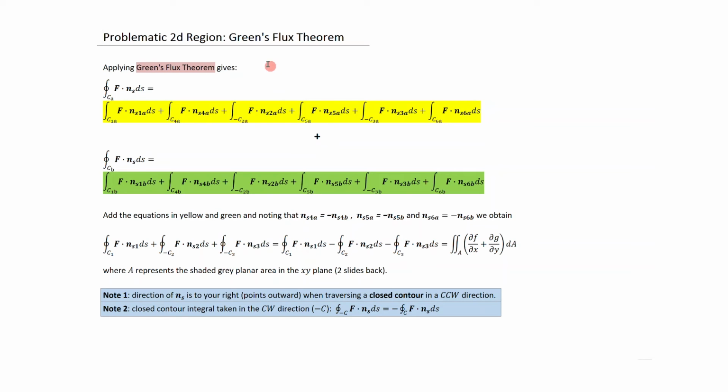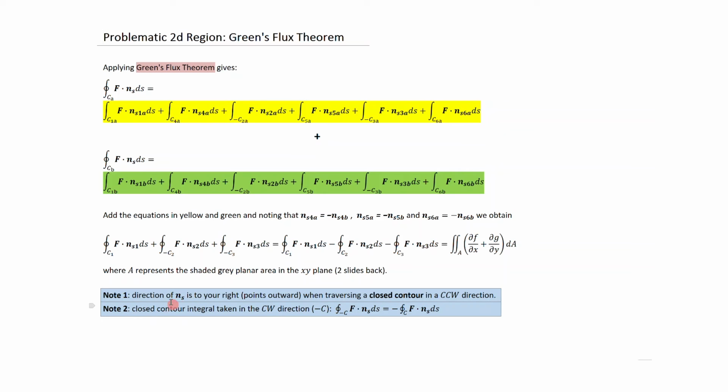Now the right-hand side of Green's flux theorem basically involves the partial derivative of f with respect to x plus the partial derivative of g with respect to y, which is just the divergence of the field in 2D, and the area is the area contained between the two regions defined by the contours. Okay, and again, the area is just the xy plane, two slides back.